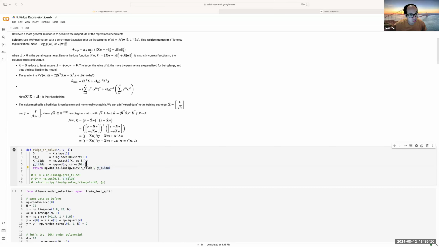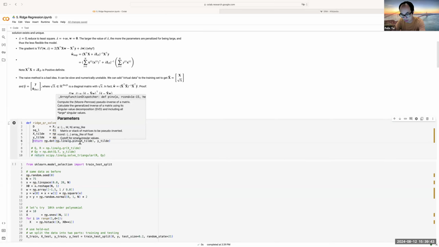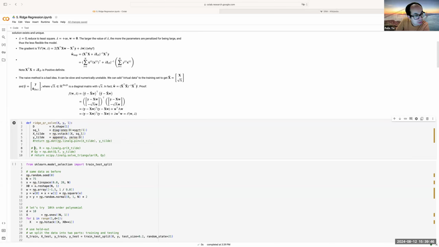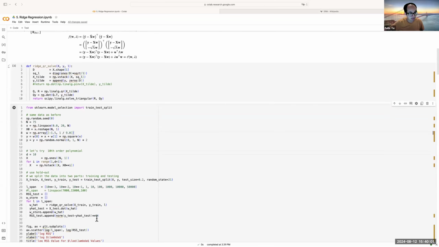The key is we are adding the square root of lambda on the bottom of X and adding a vector of zeros on the bottom of y. Then this will be my ridge solve. If you're using QR, you can just uncomment this part. This will be the same, I believe. So this will be the QR solver.